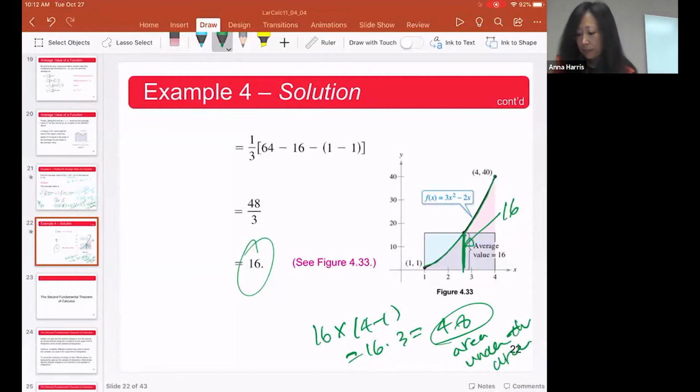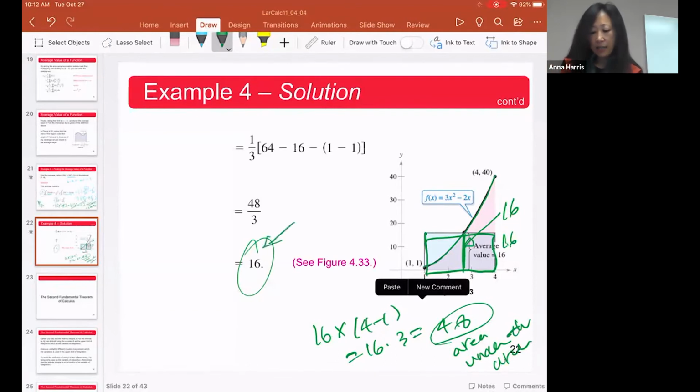Because I can draw myself a rectangle right here. This is just 16, that's a 3. So 3 times 16 gives you the area under the curve, which is the same as a rectangle. You know how to find the area of a rectangle. So 16 is the average height, or you can say the average value of a function.